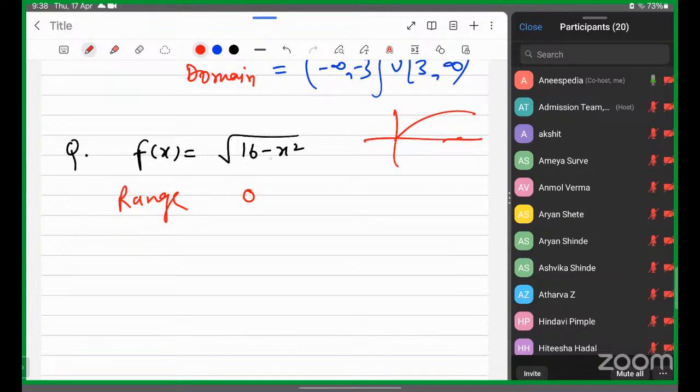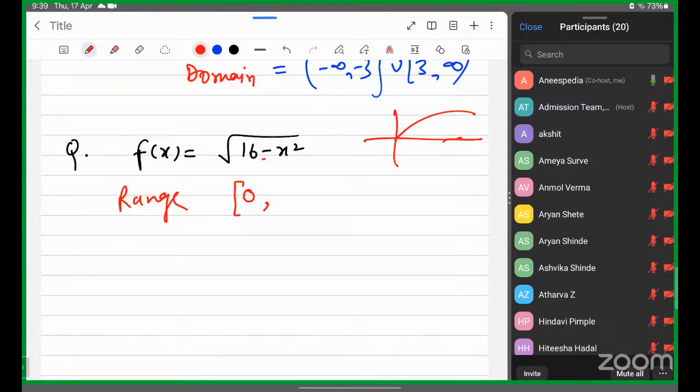Now we will check whether it will take 0 or not. If you put x as +4 or -4, this will be 0, which means the given function root of 16 minus x square will attain 0. Now we will go for the maximum possible value. Because it is 16 minus x square, it is clear that it is not going to be increasing always.